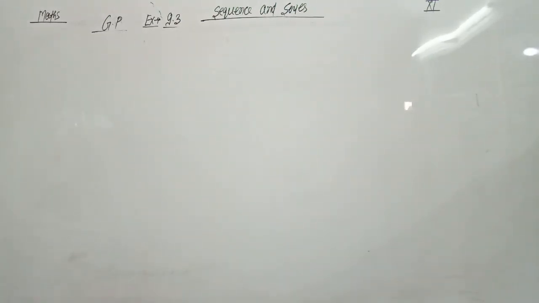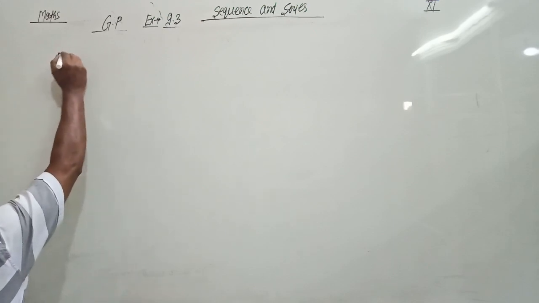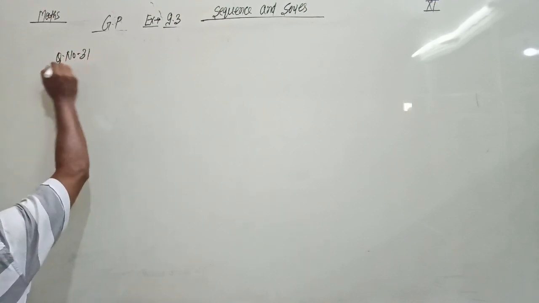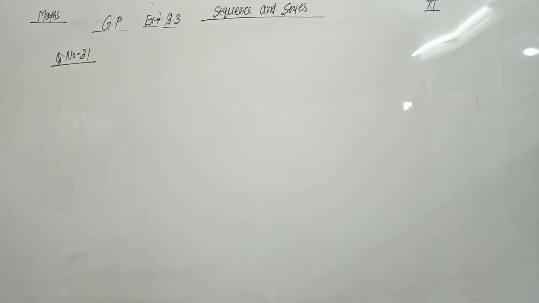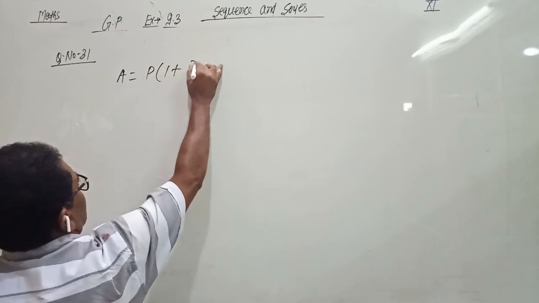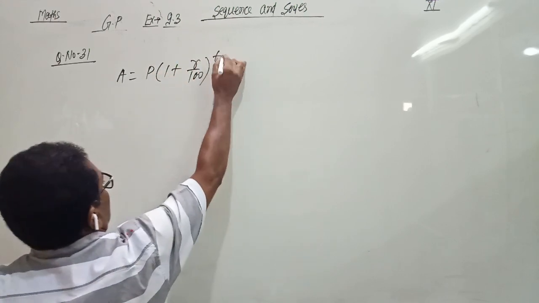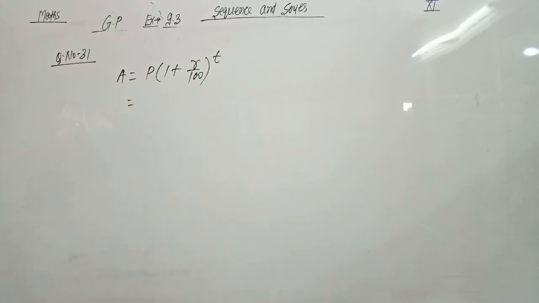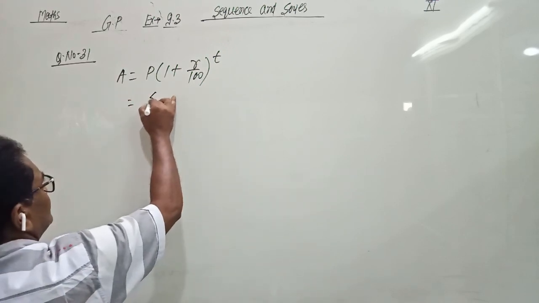Question number 31. What will rupees 500 amount to in 10 years after its deposit in a bank which pays annual interest of 10% compounded annually. So we use the formula for amount A equals to P into 1 plus R by 100 raised to the power T. The value of P is given 500.